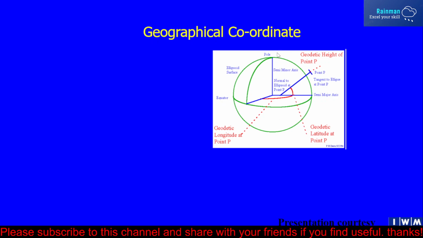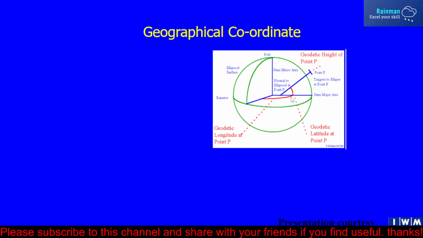And if we pass an axis through the poles, north to south, that is called the semi-minor axis. The length of this semi-minor axis is smaller than the semi-major axis, which passes through the center east to west. This is our semi-major axis.